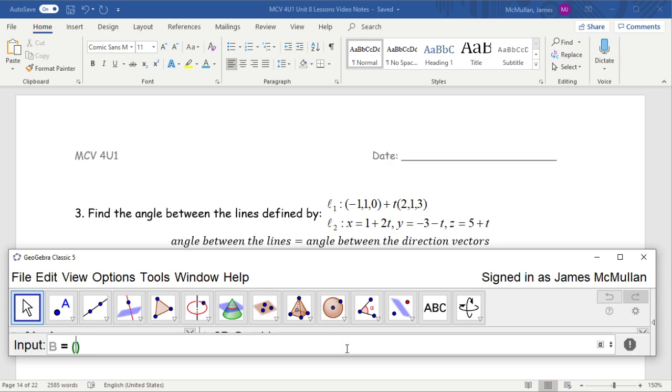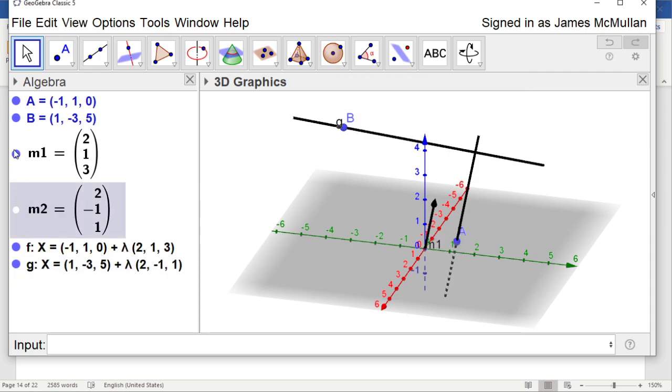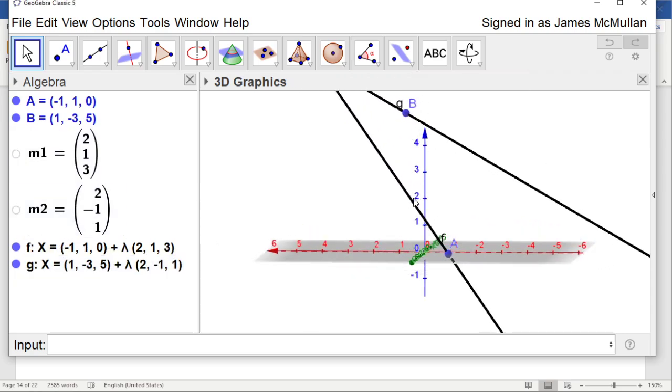We have a point B, which is 1, negative 3, 5. We have a direction vector M1, that's 2, 1, 3. We have a direction vector M2, that's 2, negative 1, 1. Then we have line A, M1, and line B, M2. Okay, so let's hide the direction vectors, and those are the lines.